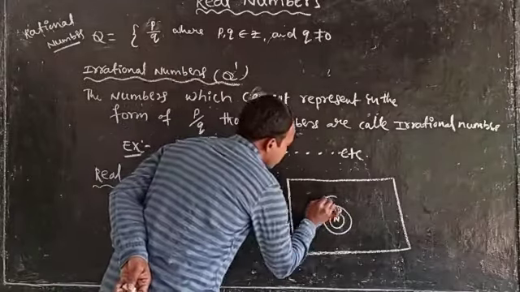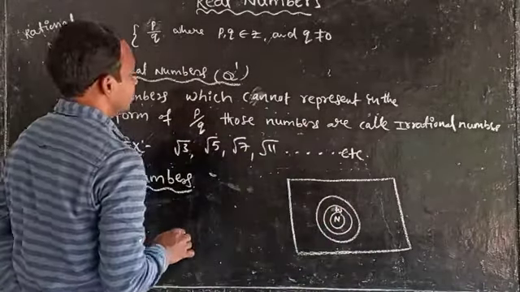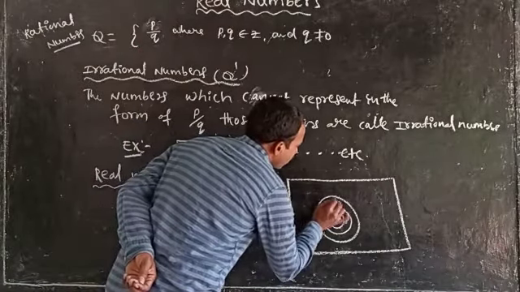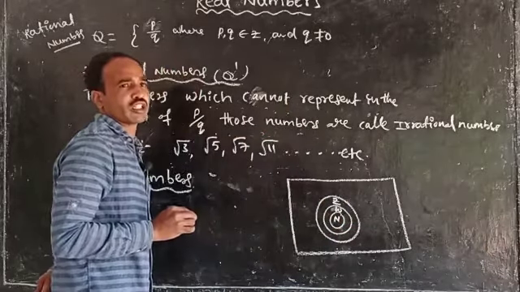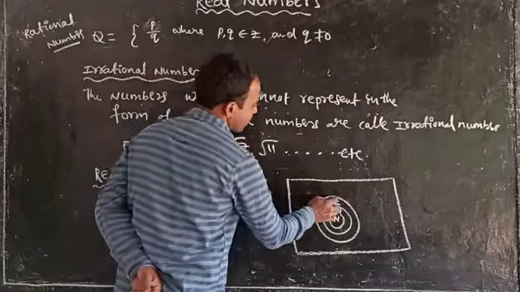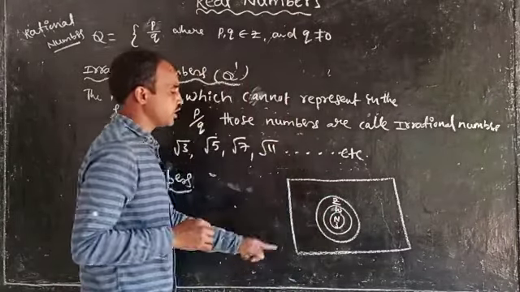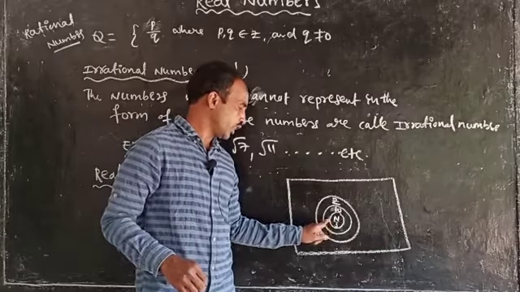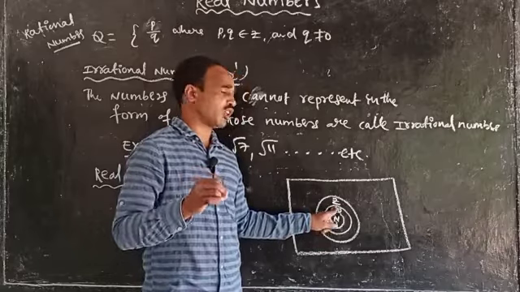And also one more circle I am drawing here. After whole numbers, we learned about the integers. This circle belongs to integers. For example, here 3 is there. 3 is a natural number. In the whole numbers also 3 is there.